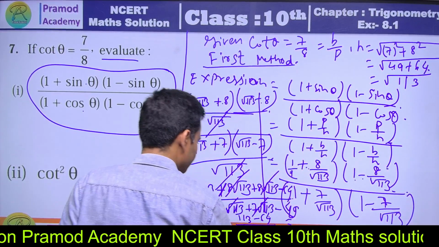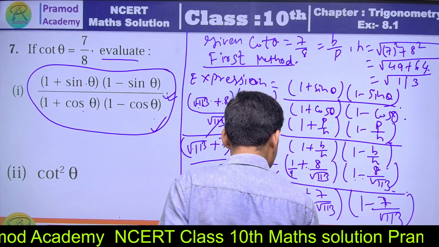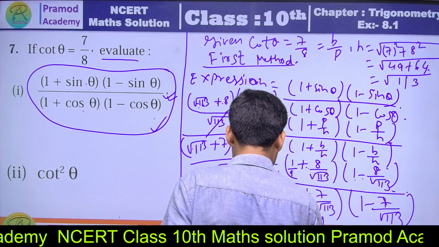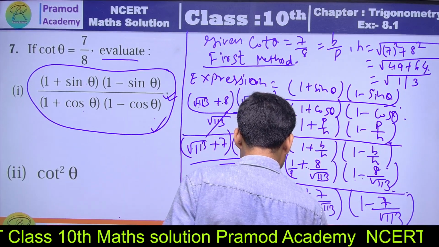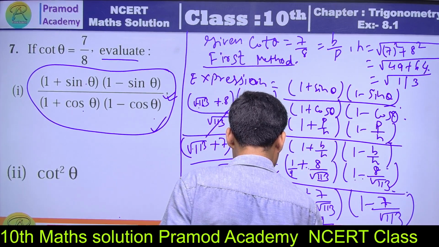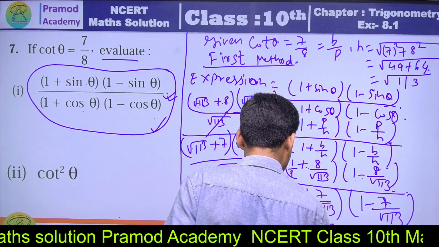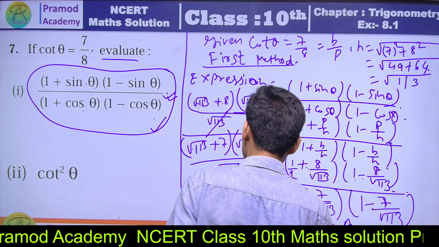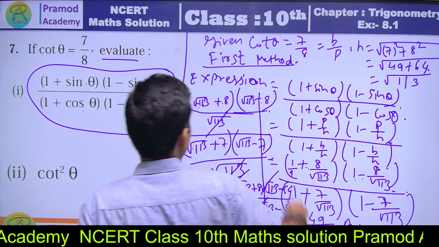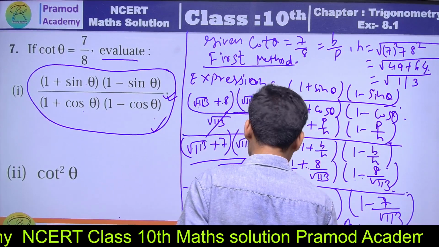So what will be the result? So 49 by 64. This is the answer using first method. So using first method, 49 by 64 is the answer.